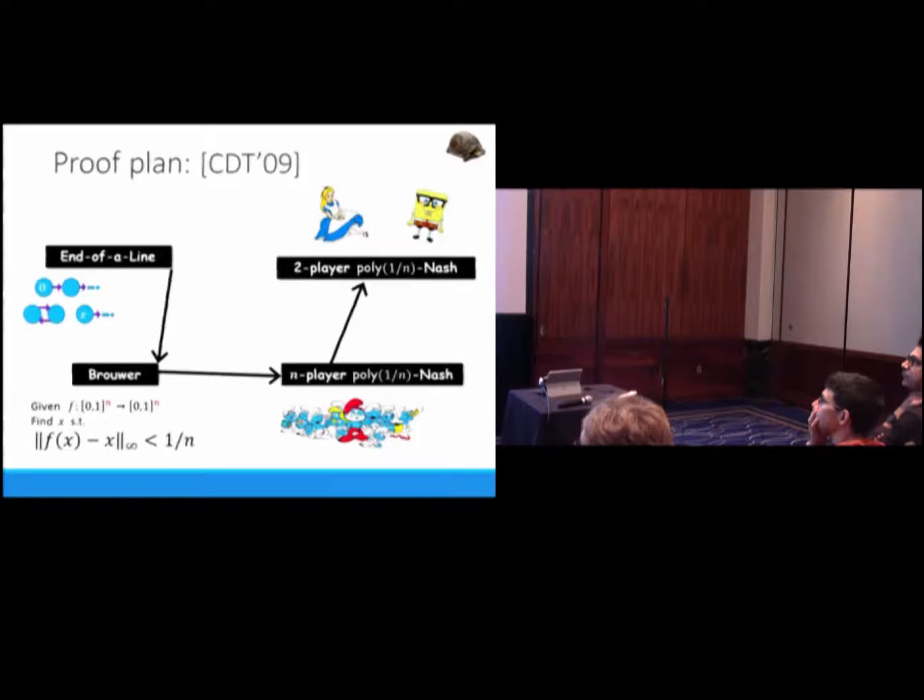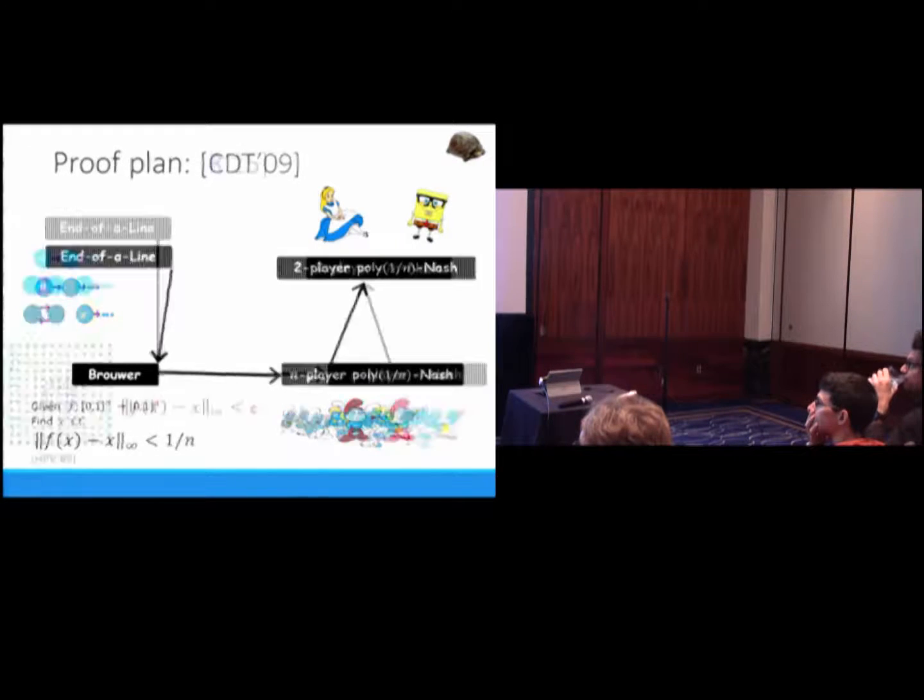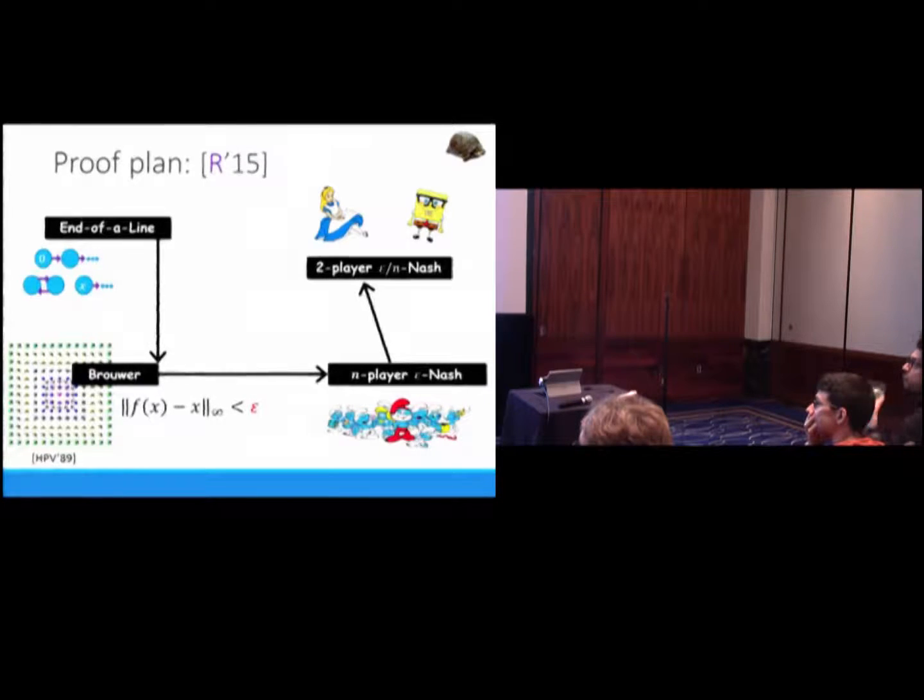Chen, Deng, Teng use an n-dimensional hypercube, and that allows them to go up to 1 over n hardness. And recently, last year, we showed how to take an old construction of Hirsch, Papadimitriou, Vavasis from the 80s and actually get epsilon hardness for finding an approximate fixed point.